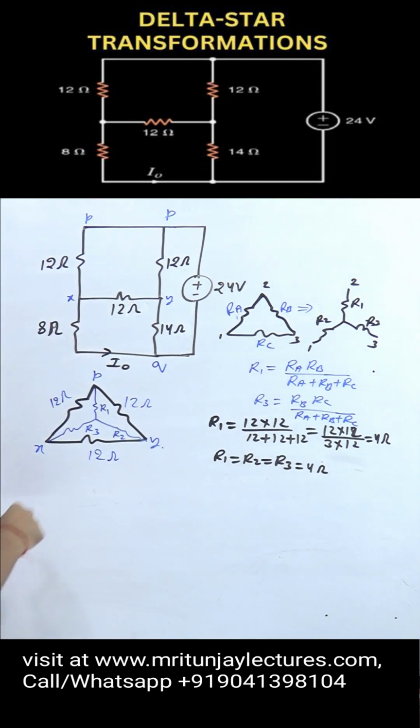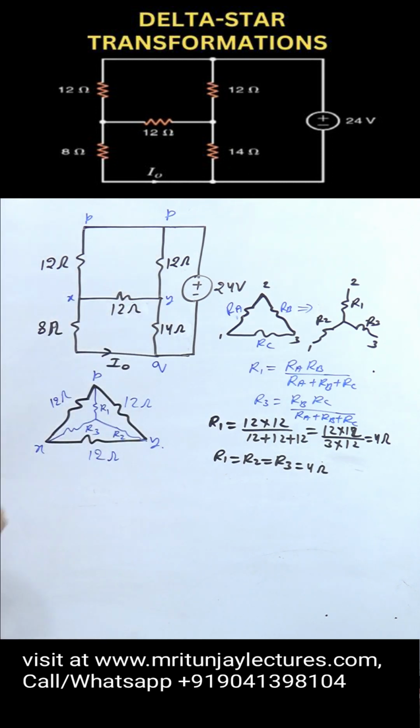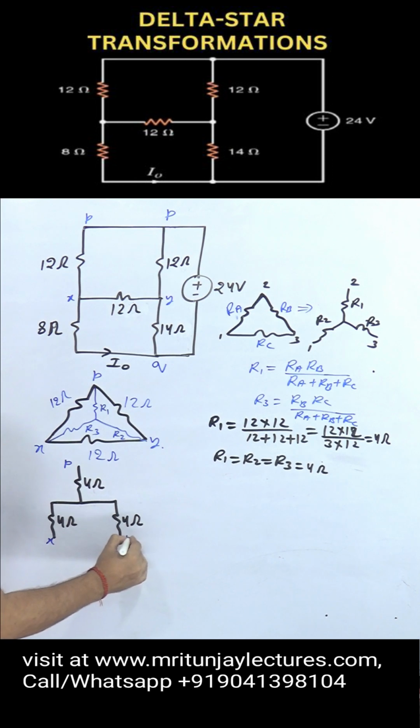So after replacing, you can make another circuit between X and Y. This one is replaced and make here P. Here R1 is 4 ohm, this one is also 4 ohm, here also 4 ohm. That point is P, that point is X, and that point is Y. Clear?